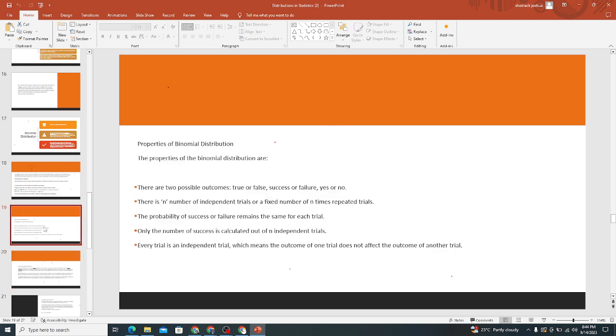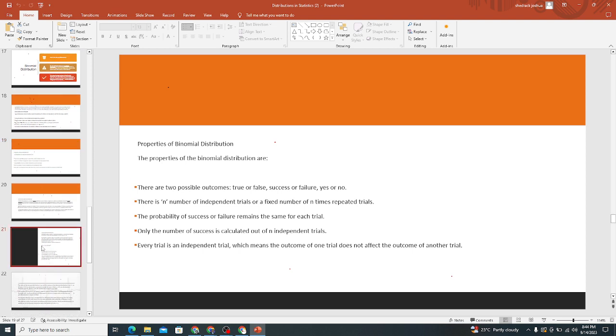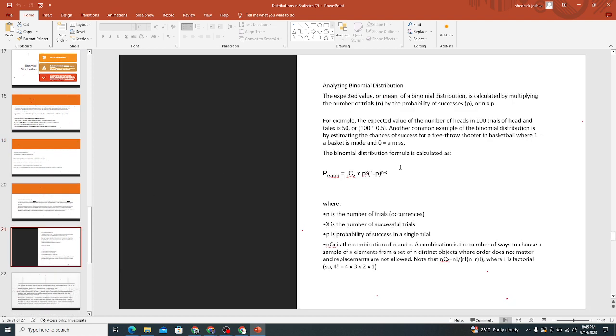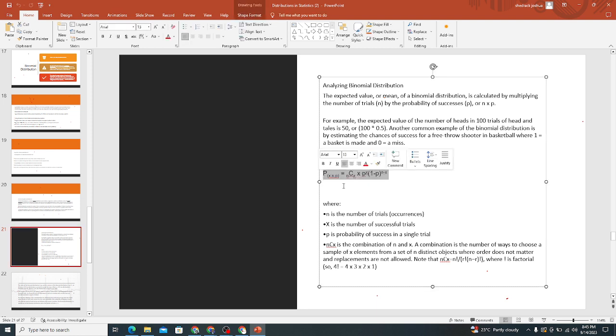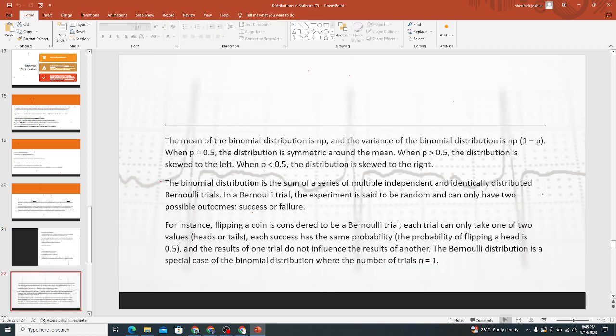Good. Then we shall do the properties, and after that we'll go to the mathematical representation, or probability mass function, for the binomial distribution, and then we'll explain further.